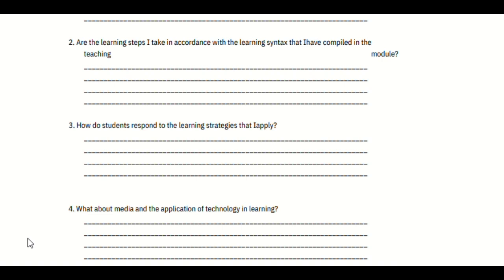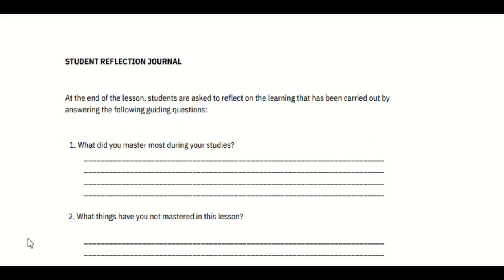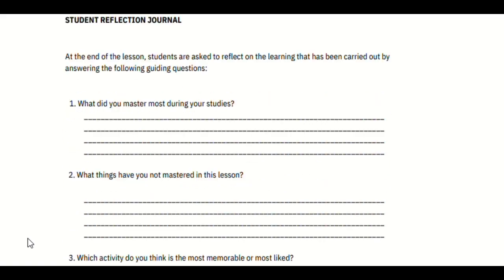Student reflection journal. At the end of the lesson, students are asked to reflect on the learning that has been carried out by answering the following guiding questions. 1. What did you master most during your studies? 2.